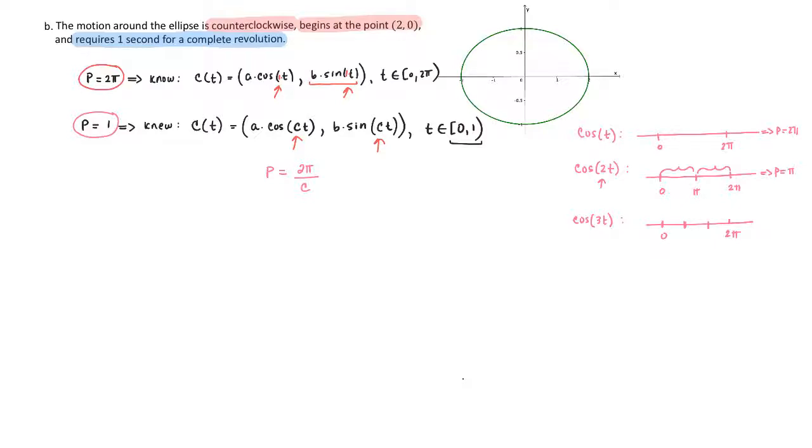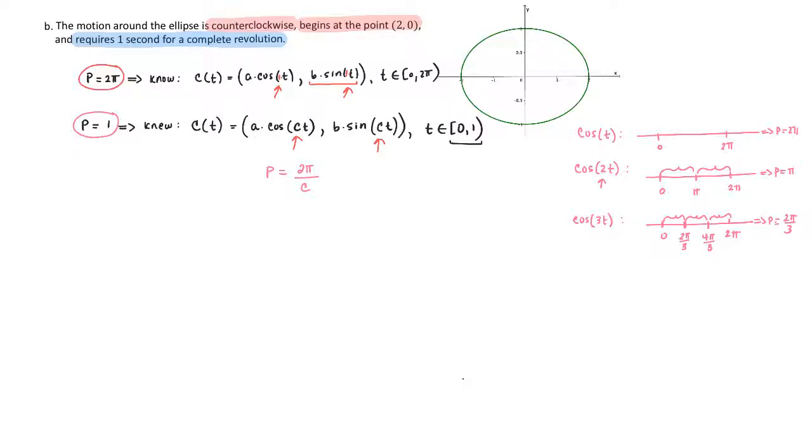So here is going to be 1 cycle, the second cycle, the third cycle. That means that this first mark is going to be 2 pi over 3, and then this is going to be 4 pi over 3, and then 2 pi. So then we know that the period is equal to 2 pi divided by 3.